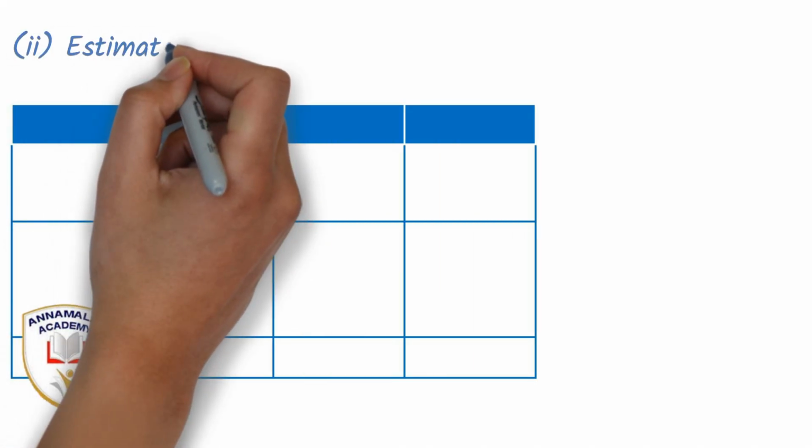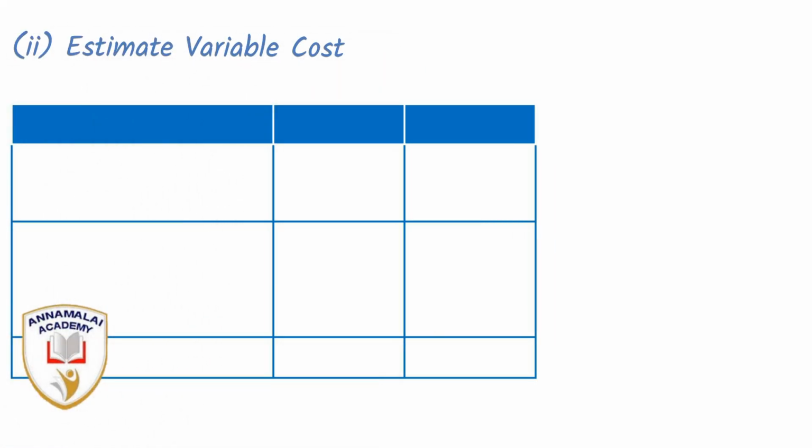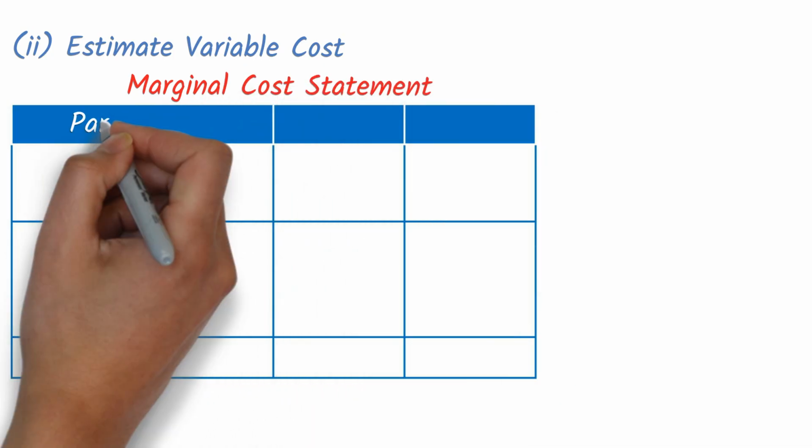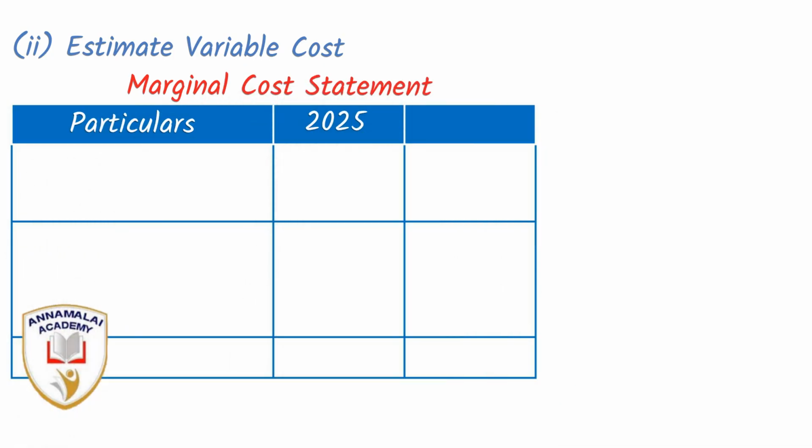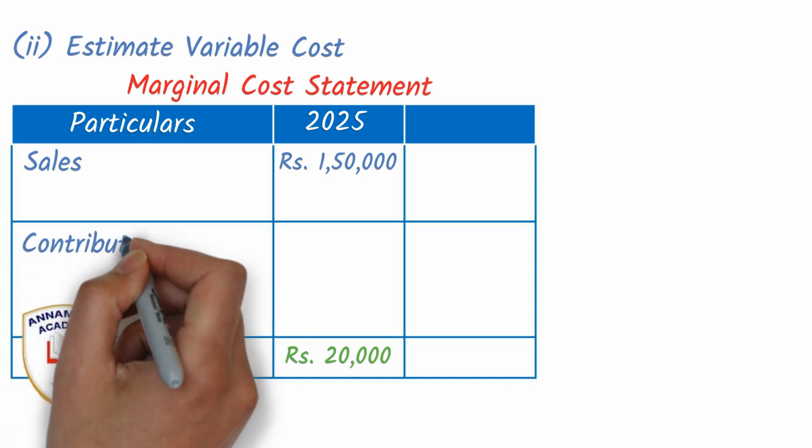We are asked to estimate the variable cost. So we have to prepare the marginal cost statement. For the year 2025, we are given sales of 1,50,000 and profit of 20,000. Whenever we know the PV ratio on sales, multiply it to get the contribution.